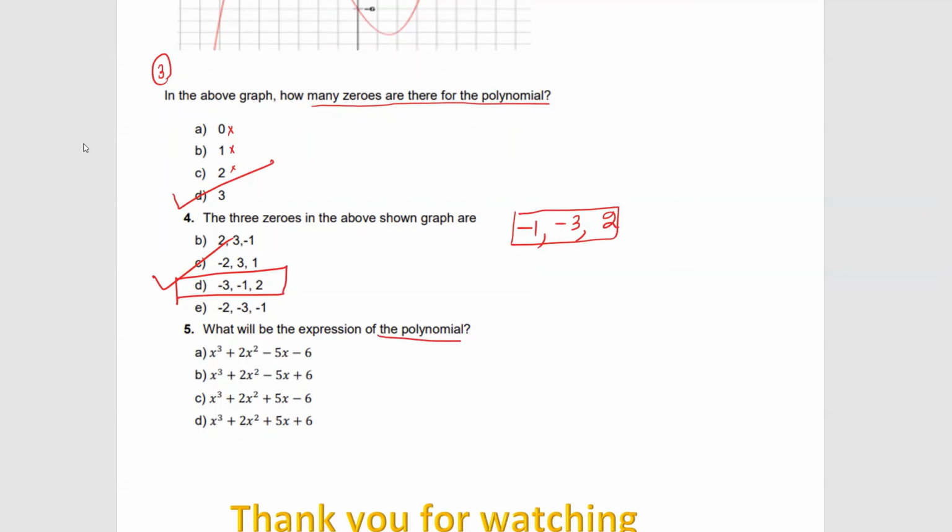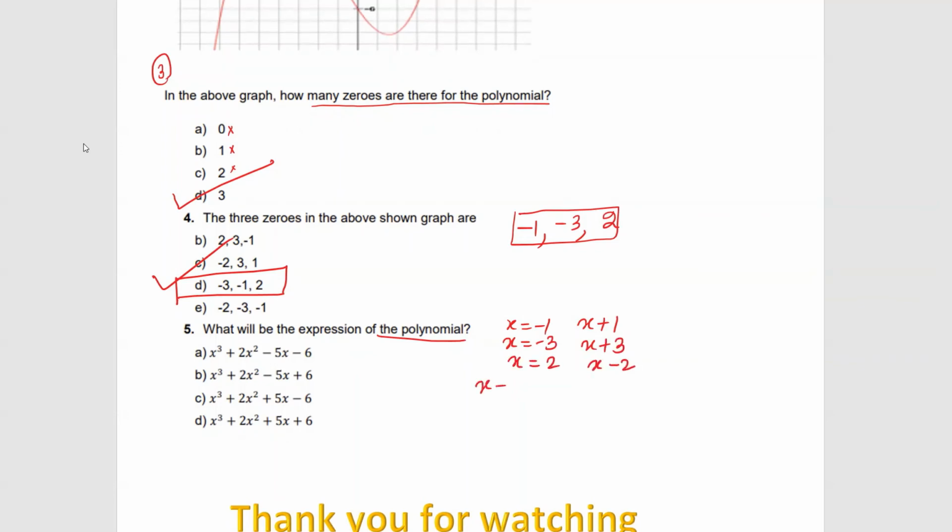It will be a cubic polynomial. So there are 2 ways of doing this. One is, if -1 is a zero, then x plus 1 is a factor. Similarly, if -3 is a zero, then x plus 3 is a factor. If 2 is a zero, then x minus 2 is a factor.